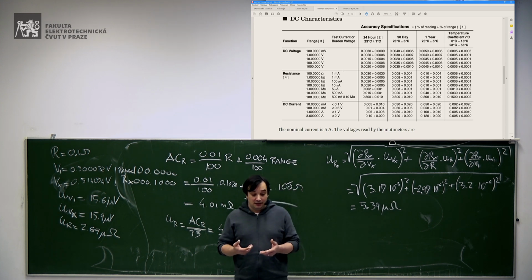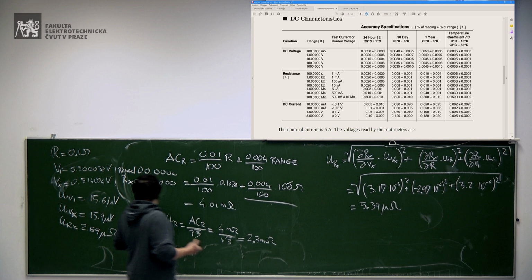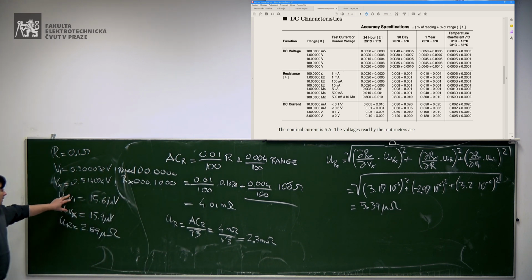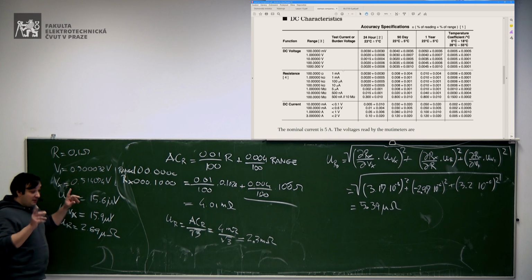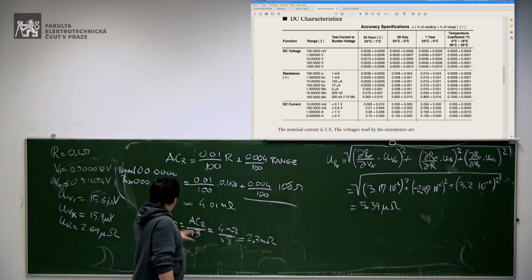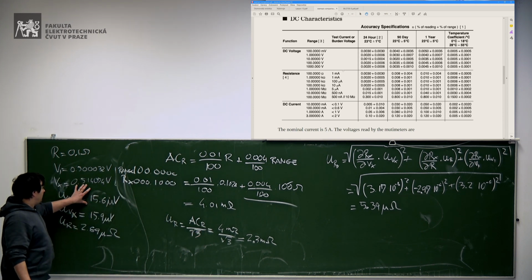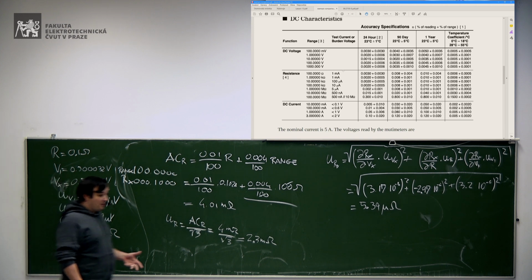Here, when you use this method, you use a voltage which was like 1 to 3 orders of magnitude bigger, because you have 0.1 ohms, so now you have times 5 volts. By the way, I didn't show that here. If you have this voltage, it means that you have 0.5 volts, it means that the current is about 5 amperes.